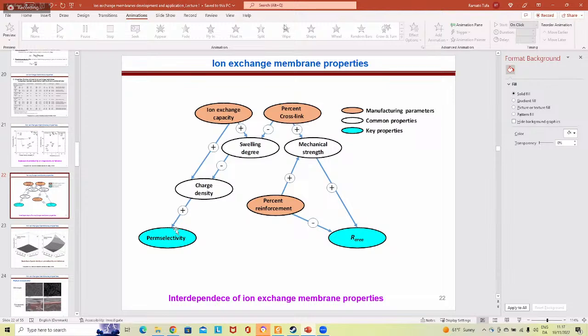If you operate it for 1 week or 2 weeks, it just dies. So you can still reuse them, but it depends on what type of membrane you have and how stable it is, depending on its structure and functionality.